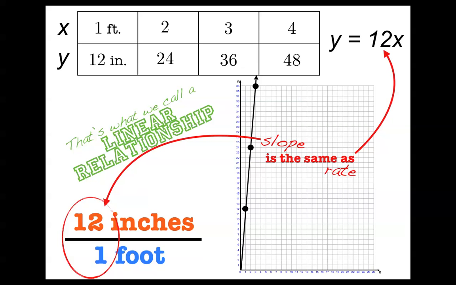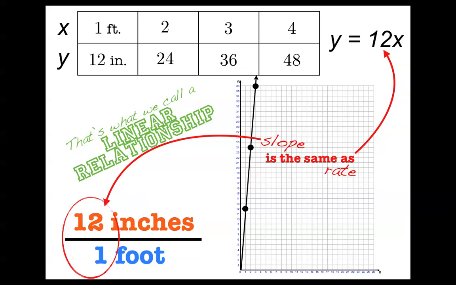And notice when we put this into an equation, 12 is the slope, and 12 is the ratio, and 12 is also the number that goes in front of the x in the equation. Okay, so we're kind of connecting every concept together here, and this is what we're talking about when we're talking about applying slope. And that's really all I want you to see today.